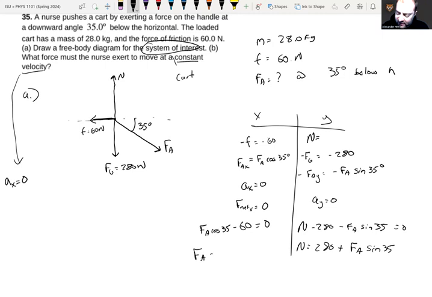That is going to give us FA equals 60 over cosine 35 degrees. Okay? And solving for that, that's going to give me FA equals 73.24 newtons. Okay. So that is how you could find FA.